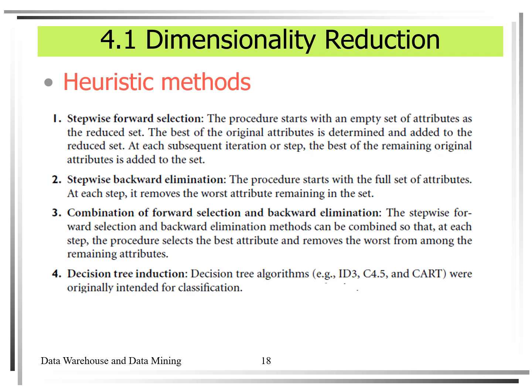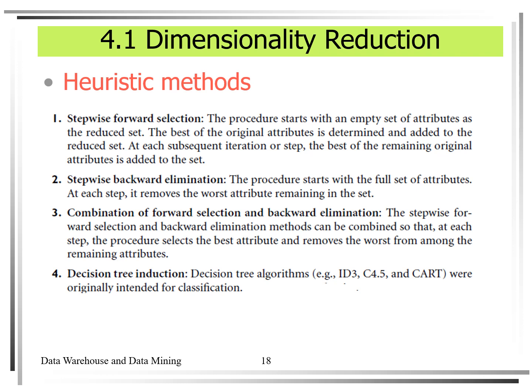We keep adding attributes, each time choosing the best of the remaining original attributes. Stepwise backward elimination assumes that we have all the attributes, and then it removes the worst attribute remaining in the set.